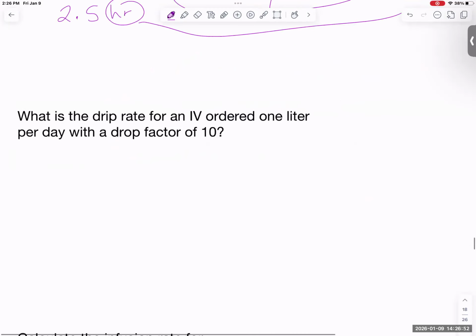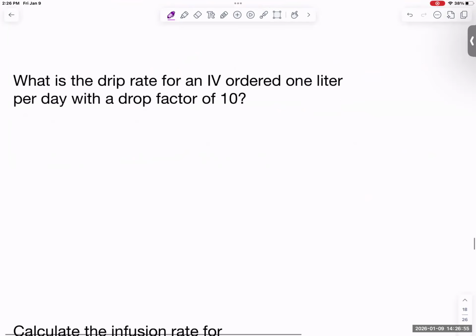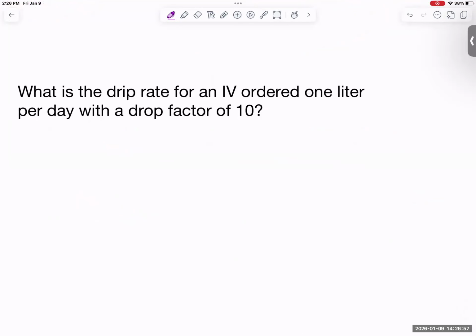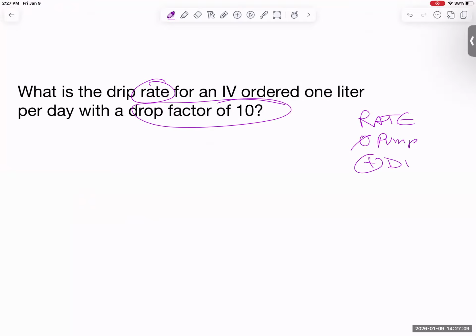All right, now here is where we move into the drops per minute. So what is the drip rate? There's the word rate, but I don't have a pump, but I do have a drop factor. So what am I solving for? What's my wanted?